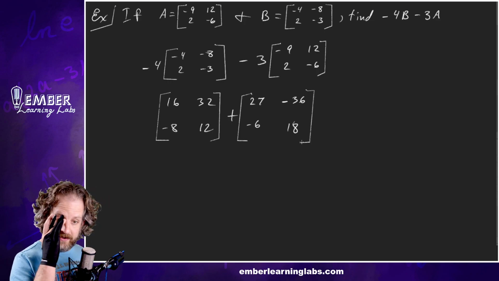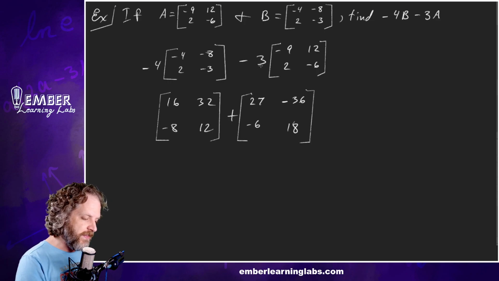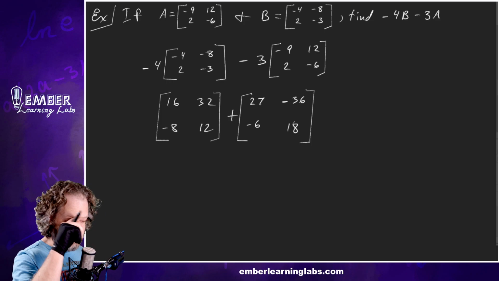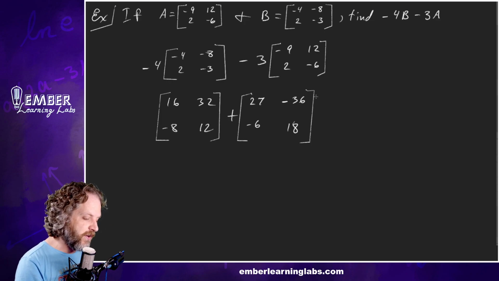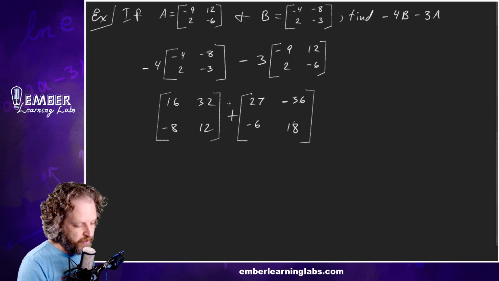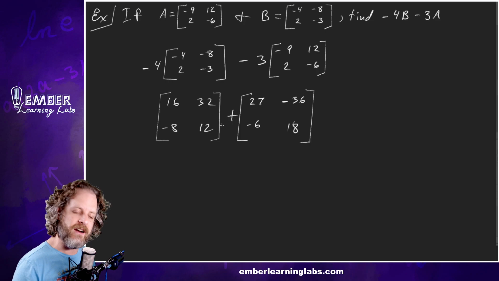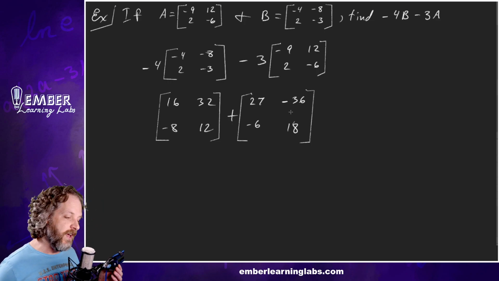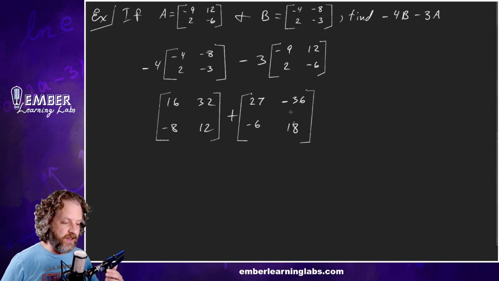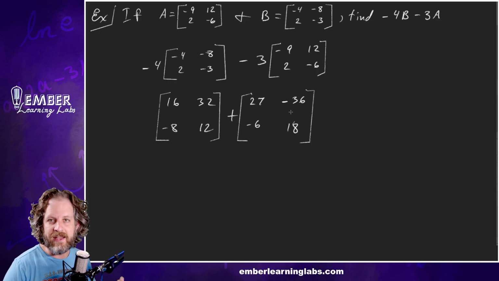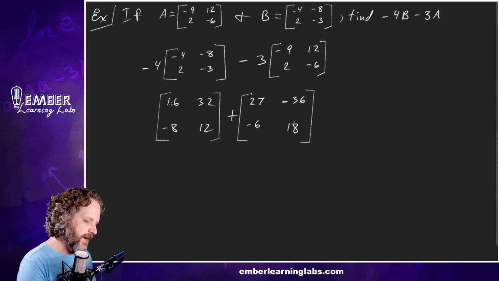If I had left the negative out here, then I would have done 3 times 12 is positive 36. But then when I subtracted it, I would have done 32 minus 36 because the negative would have still been out here, which would be the same as 32 plus negative 36. So see, you can actually do that either way. They both work.